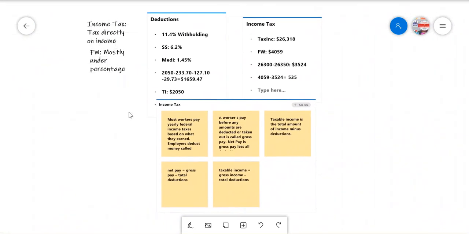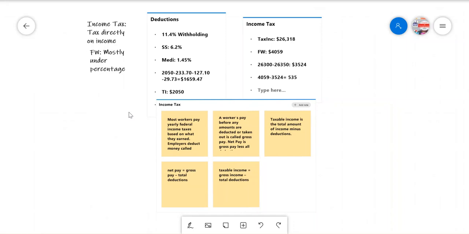So income tax is tax deducted from your income. Although it may not be deducted immediately, it is deducted on April 15th or around that date when you get your income tax return. From there, the federal government takes out or gives you back money based on your federal withholding.